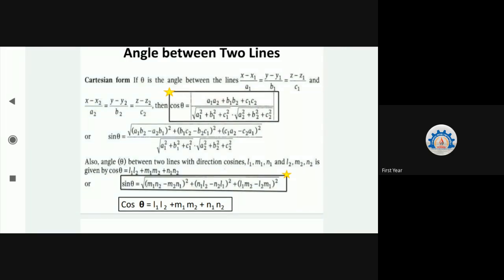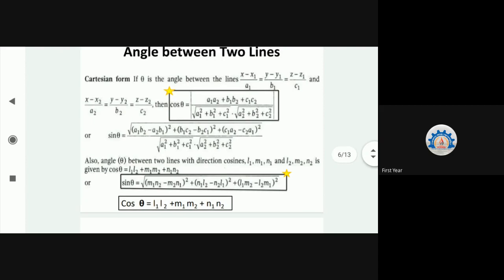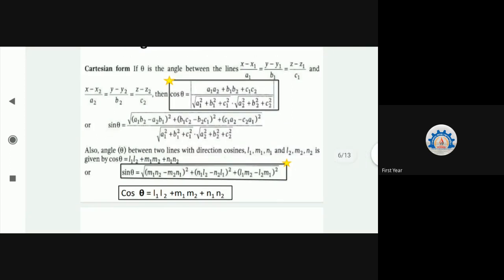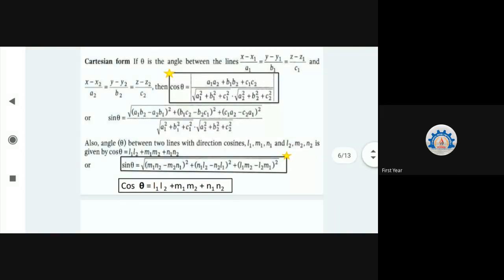If we are given direction cosines of the lines, that is L1 M1 N1 for the first line and L2 M2 N2 for the second line, then cos theta will be L1 L2 plus M1 M2 plus N1 N2. And we can also find sine theta by the formula written here.